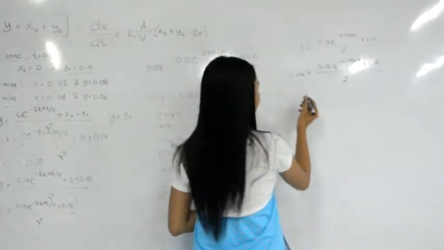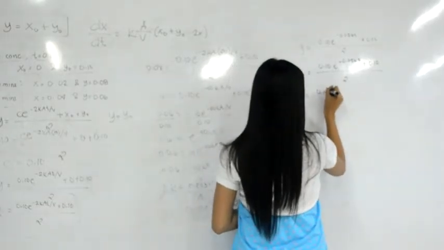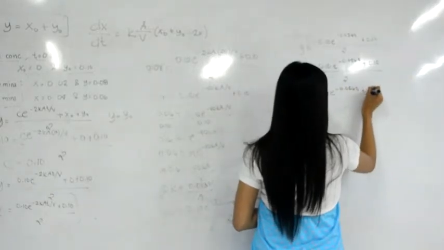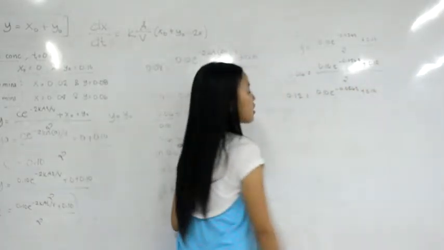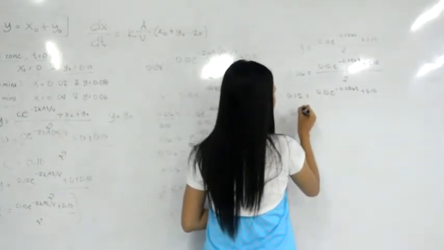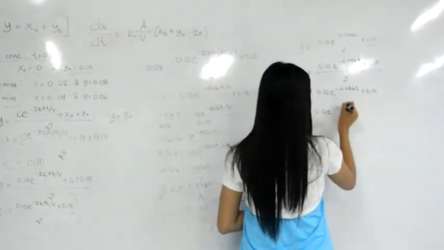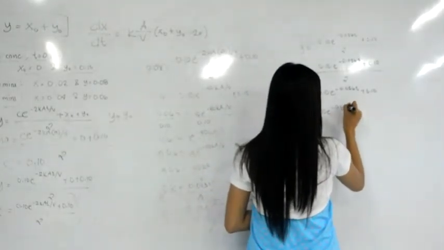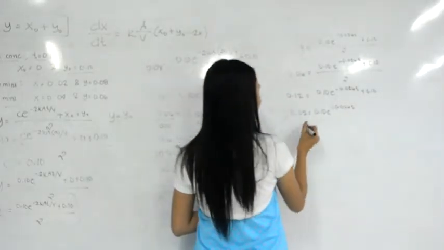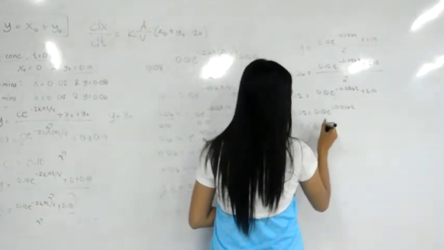Multiplying both sides by 2, this becomes 0.12 equal to 0.10 e to the negative 0.026 t plus 0.10. Transposing 0.10 to the left side, this becomes 0.02 equal to 0.10 e to the negative 0.026 t. Now, dividing both sides by 0.10, we have 0.2 equal to e to the negative 0.026 t.